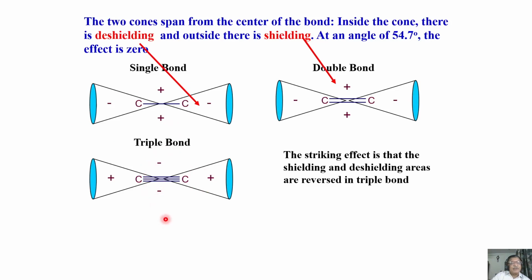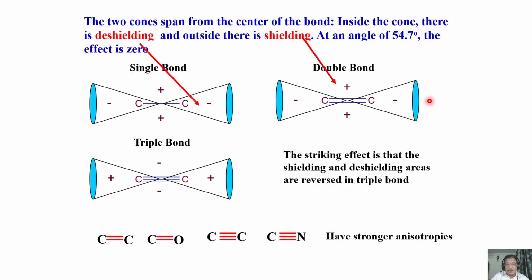Just above and below the triple bond, the protons get deshielded, and in the axis of the bond, they get shielded. It's a very, very striking difference you see for a triple bond compared to single bond and double bond. As a consequence, we can see much stronger anisotropy effects in this type of molecules.